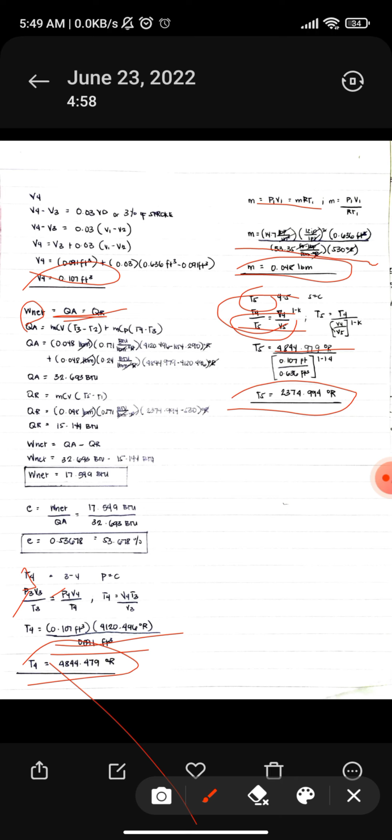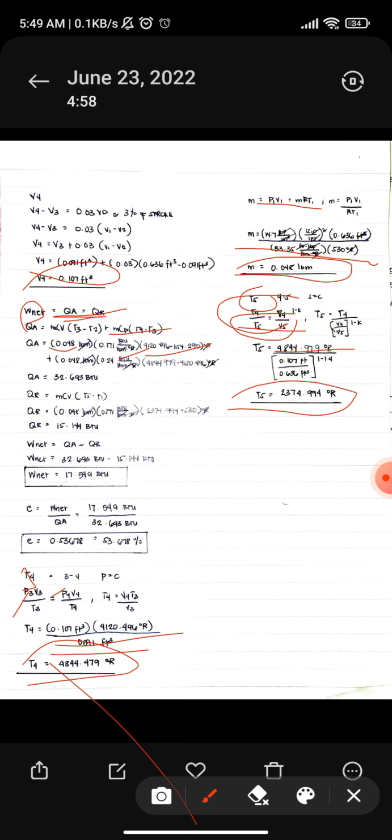So substitute lang tayo dito ng ating M na 0.048 pound mass times CV na 0.171 BTU per pound mass degree Rankine times T3 minus T2 na 4120.496 minus 1154.290 degree Rankine plus M CP T4 minus T3.